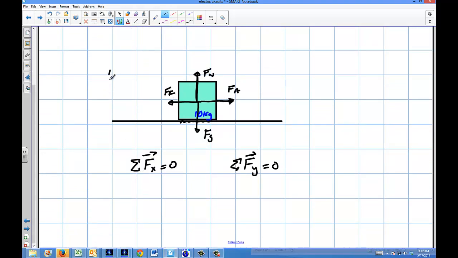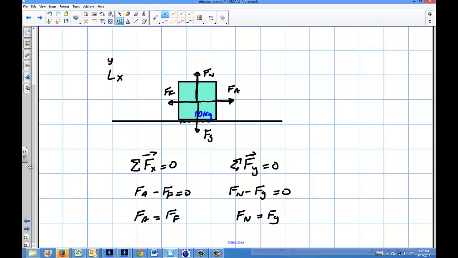So if I make this my positive direction like this, I can say F_a minus force of friction equals 0. So F_a equals force of friction. Okay, no problem. This one, same concept. I'm going to say force normal minus force of gravity equals 0. So force normal equals force of gravity.